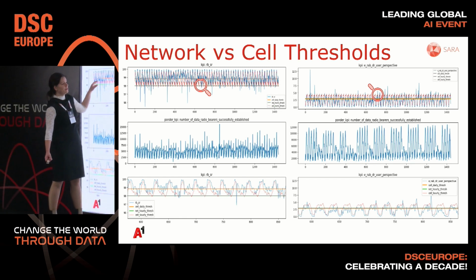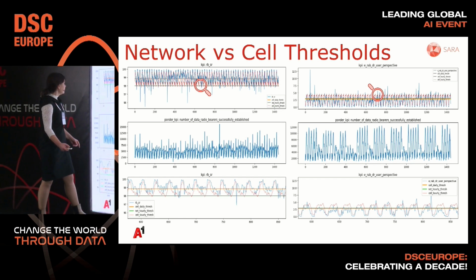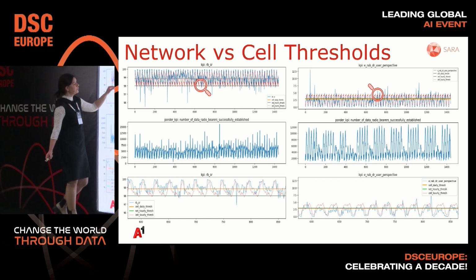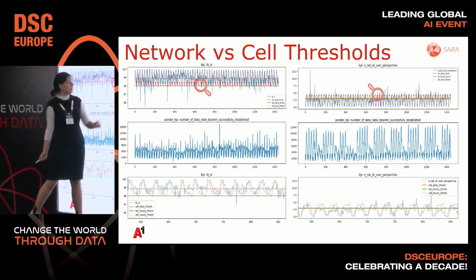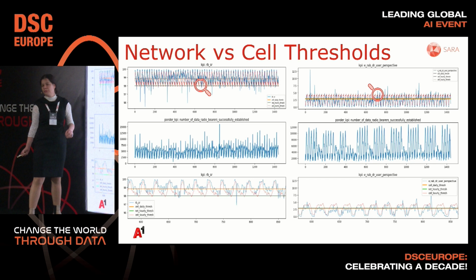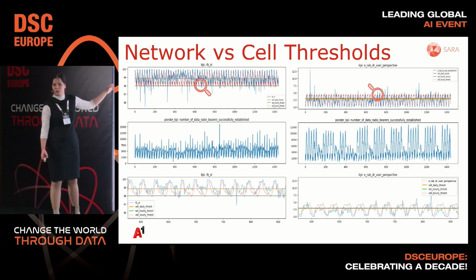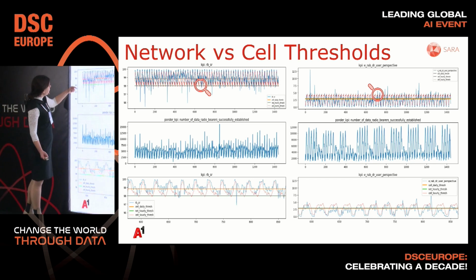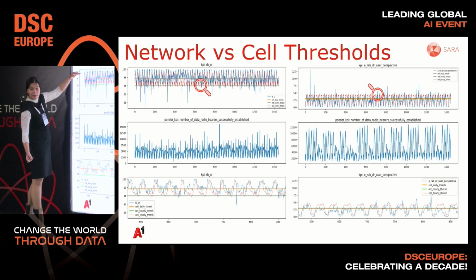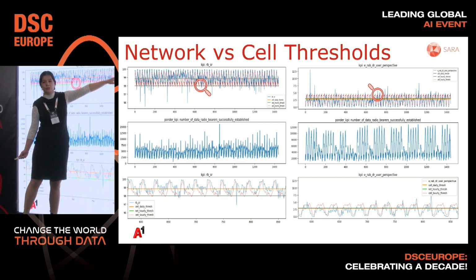In blue are the values of our KPI and the thresholds. The green one is related to the network threshold. But as you can see, this cell, as all cells in our network, is really good. So its cell threshold can be a little higher, and this is this orange line.